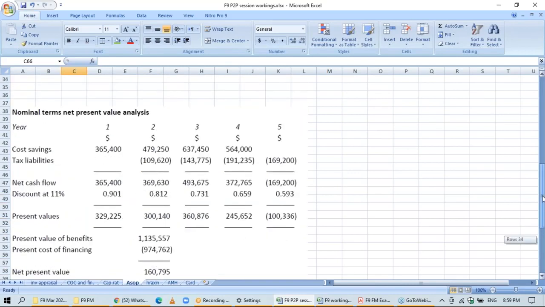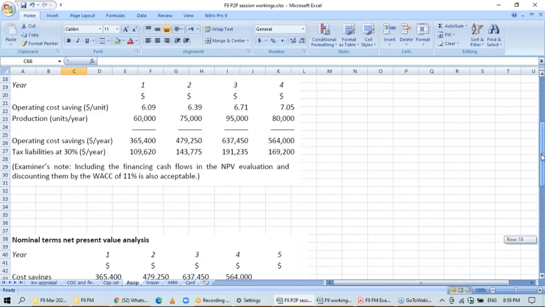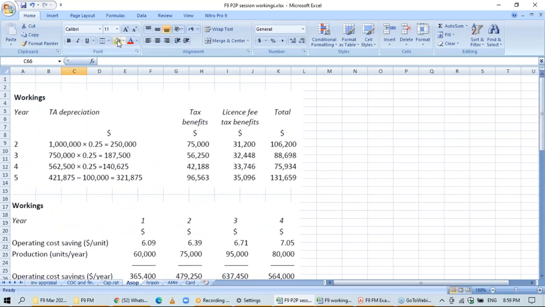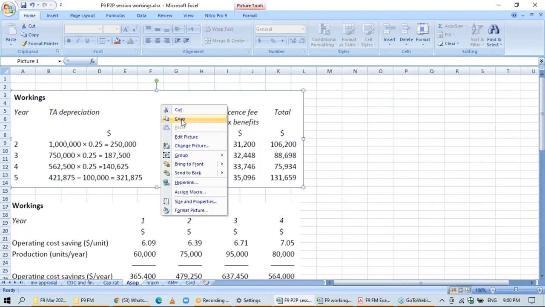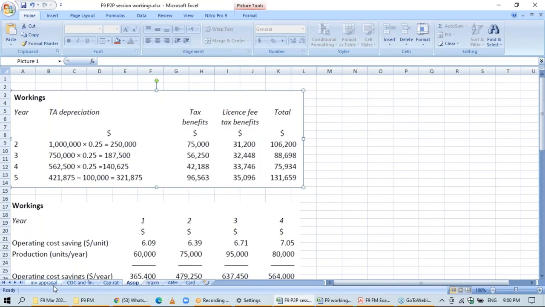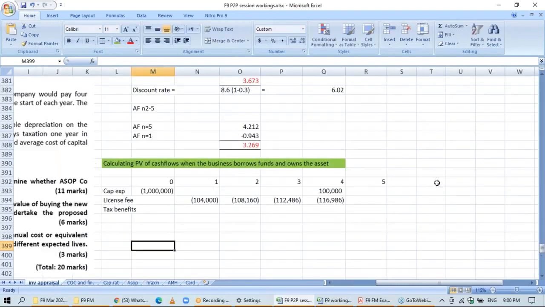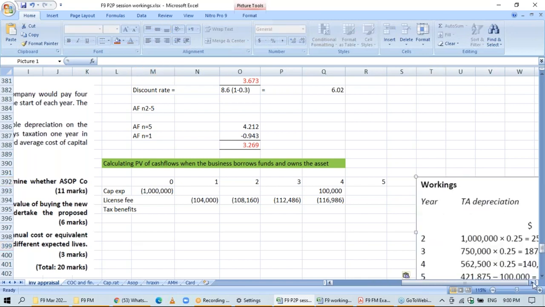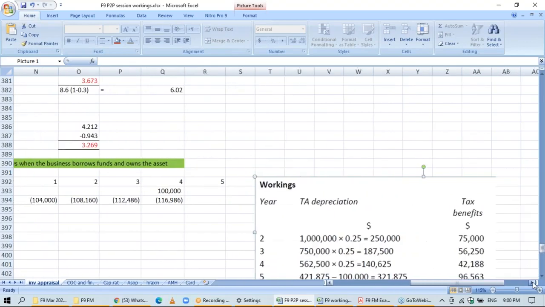For the tax depreciation, that working is being shown over here.